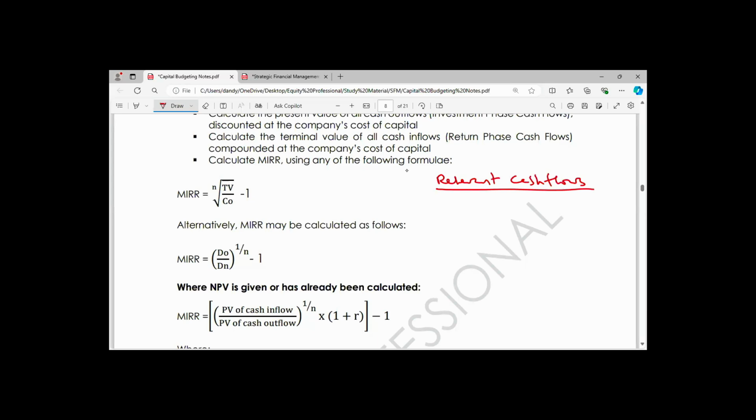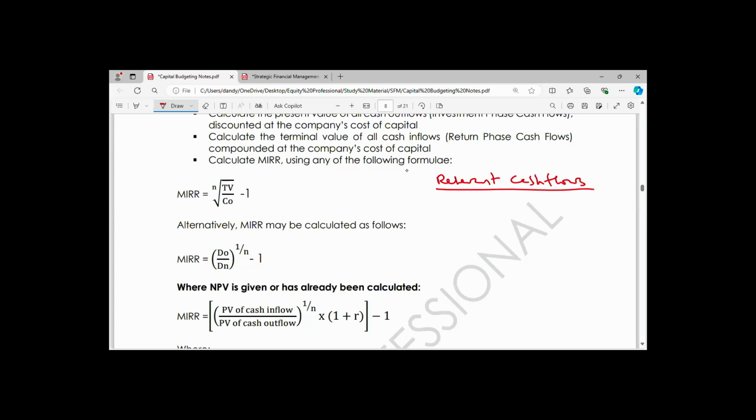Different scenarios will be painted in the question, and different cash flows will be given to you. So you have the responsibility to identify which of the cash flows are relevant and which are not relevant. In this case, your knowledge of performance management will come in handy and be very useful.